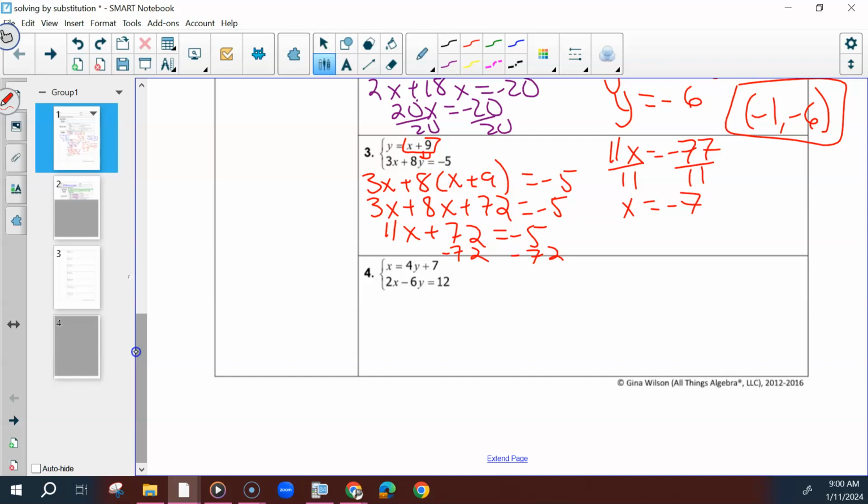Go back and find y. What is your y value? 2. Positive 2. So our ordered pair would be negative 7, 2.